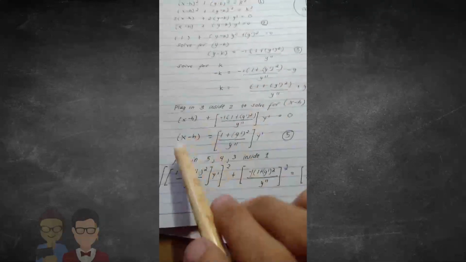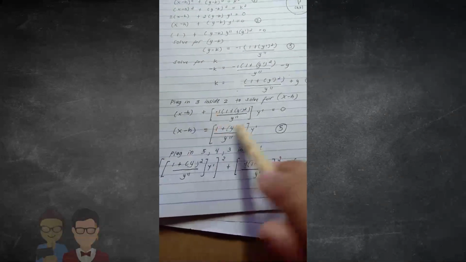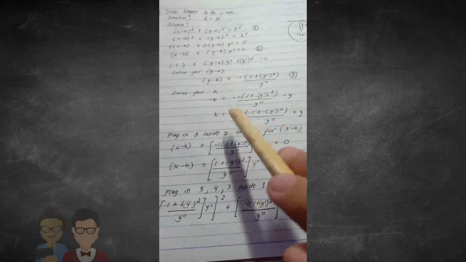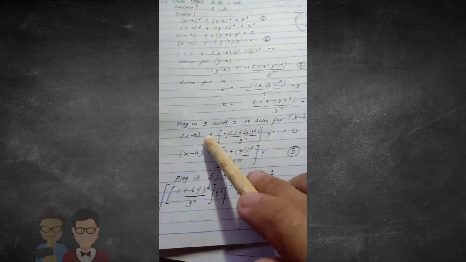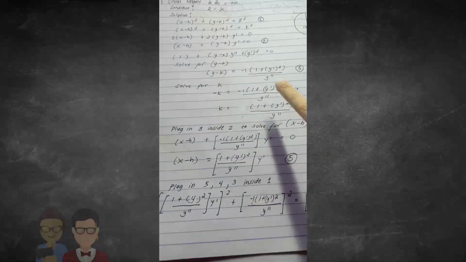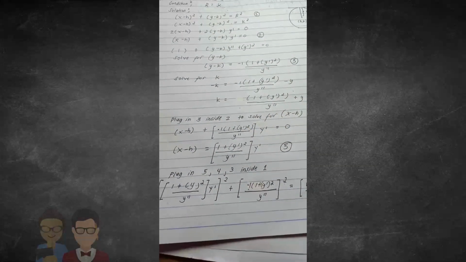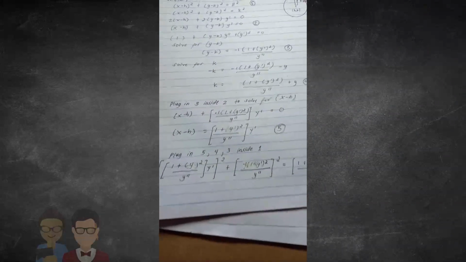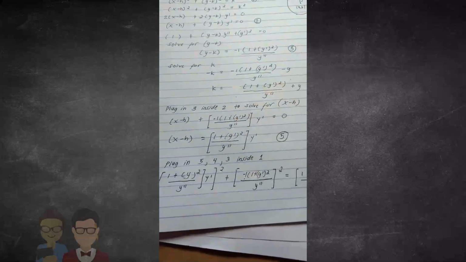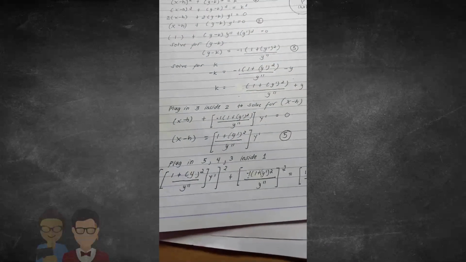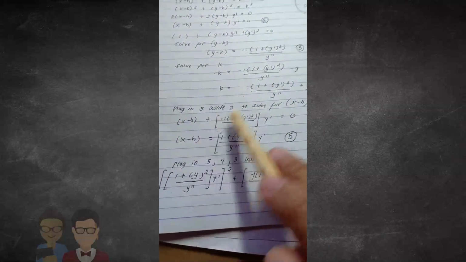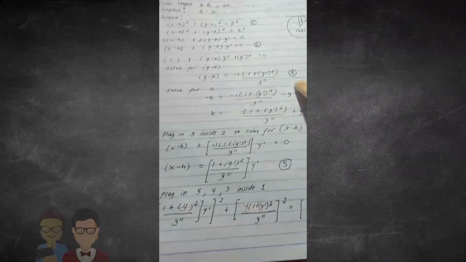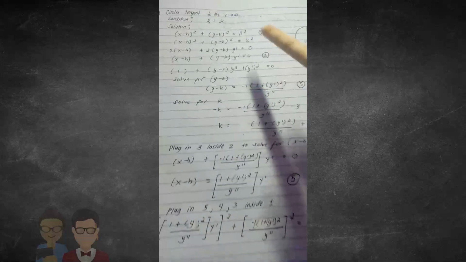Now, here's the exciting part. The solved values for k, x minus h, y minus k would be soon used in the next step. But for now, we need to solve for x minus h. Okay, x minus h, so as you can see, plug in the equation 3 inside equation 2.